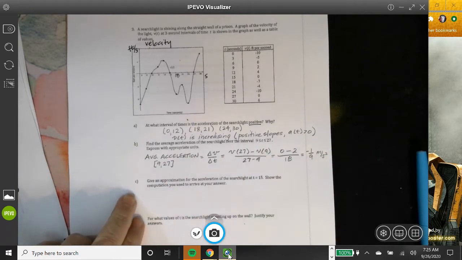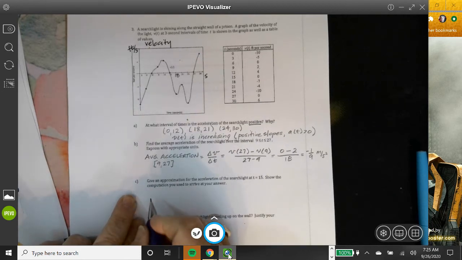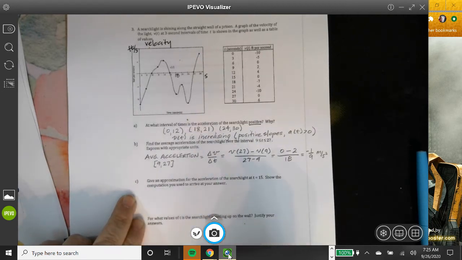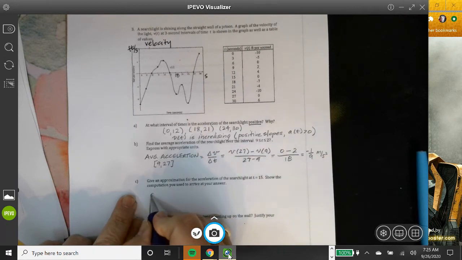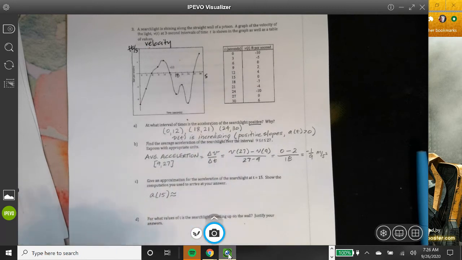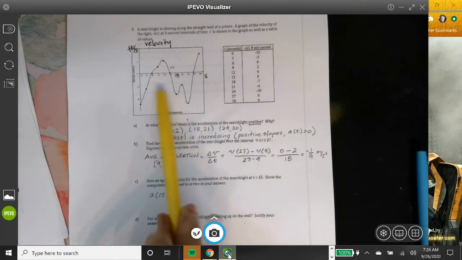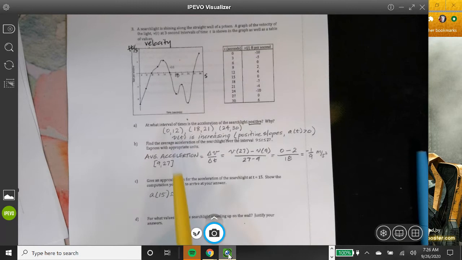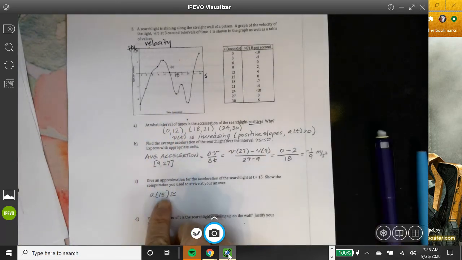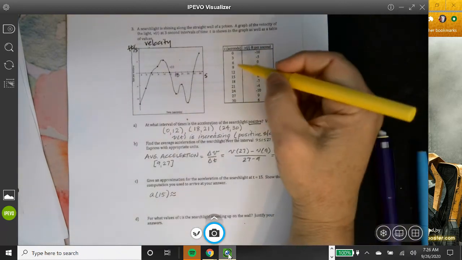Part C, give an approximation for the acceleration at t equals 15. Now, acceleration is the slope at 15, right? So I want to say a of 15 is approximately, well, I don't have a function to take the derivative of to plug the 15 in, so I have to approximate. I'm going to approximate using some points around 15.